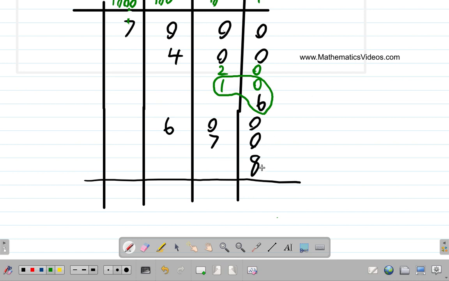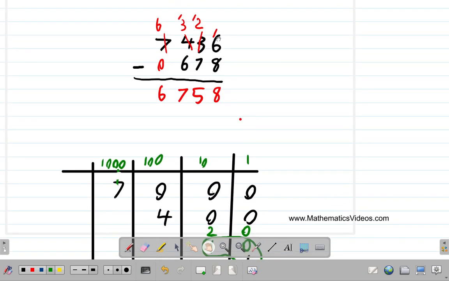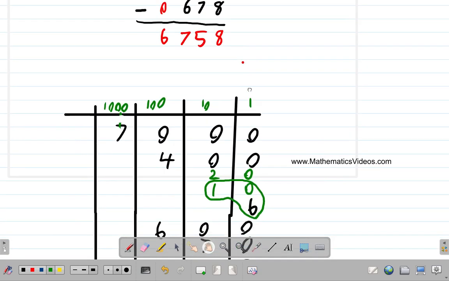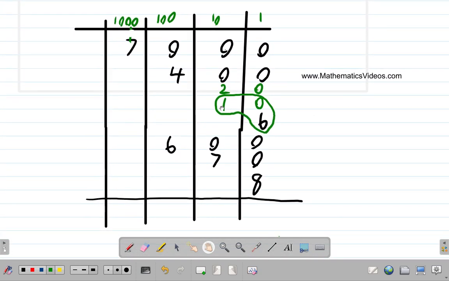And then the 8. 16 minus 8. Even though in the algorithm you write it beside the 6, we keep the 1 in the tens column. Then what you really have to say is 16 minus 8. I have 8 as the answer, right? I have the 8 as well. You see?